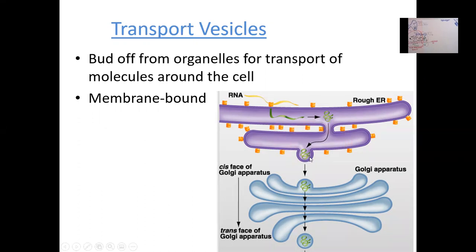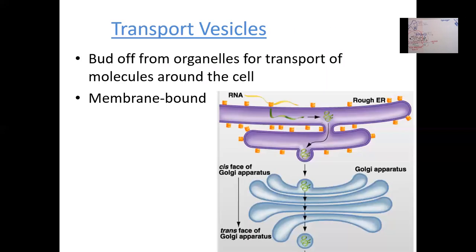Then we can ship this little vesicle across the cell, or as soon as it touches the Golgi apparatus, which is also made up of the same stuff, phospholipid bilayer, the vesicle and the Golgi apparatus membrane are going to fuse together, dumping off the protein into the next organelle.